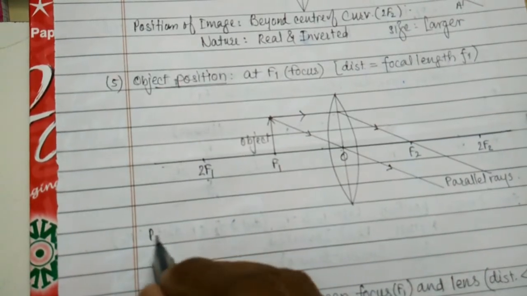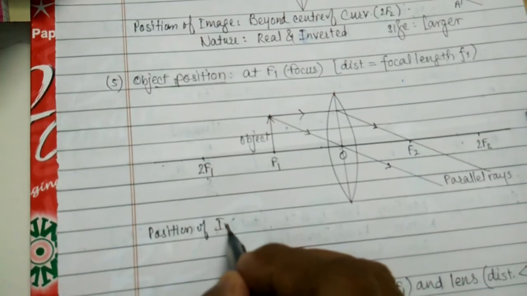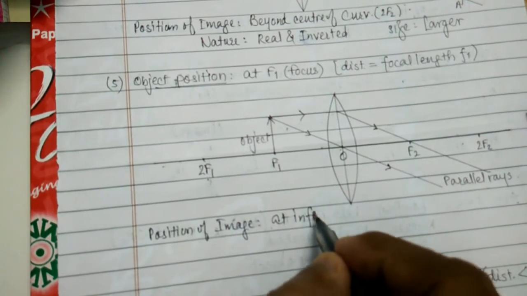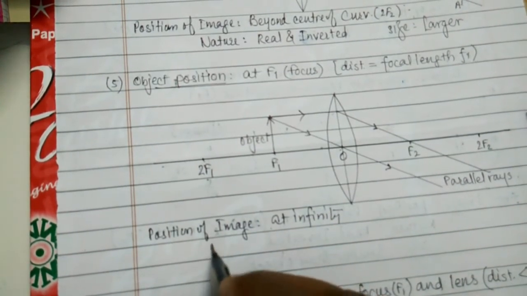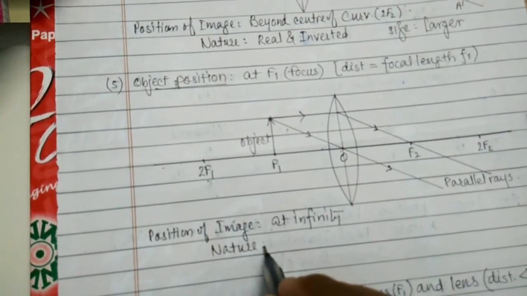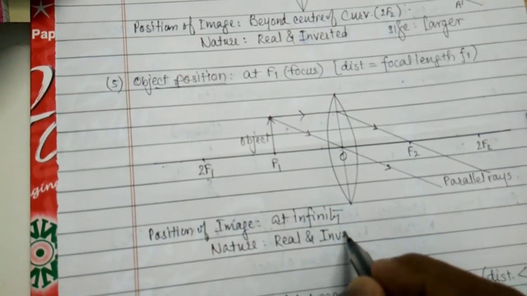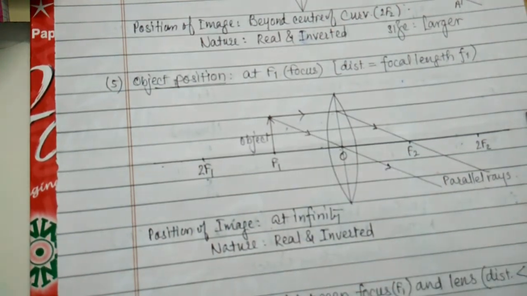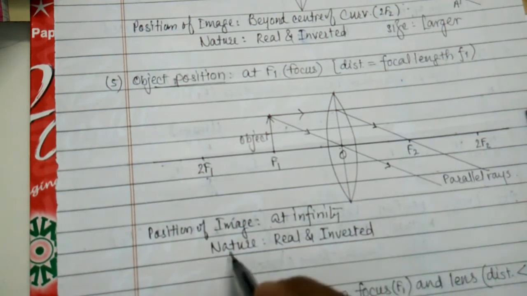The position of the image: at infinity. Nature of the image: it is real and inverted, because this image is formed at infinite distance on the right side, the other side of the lens.